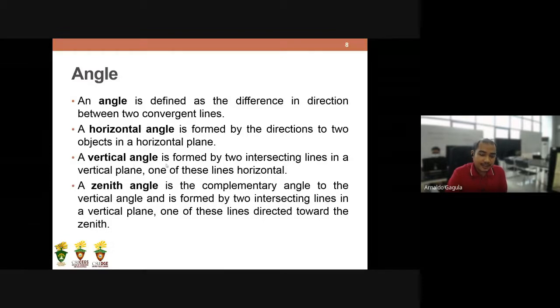And vertical angle is formed by two intersecting lines in a vertical plane. So one of these lines is horizontal. So ato na pong balhin atong perspective sa side nato.